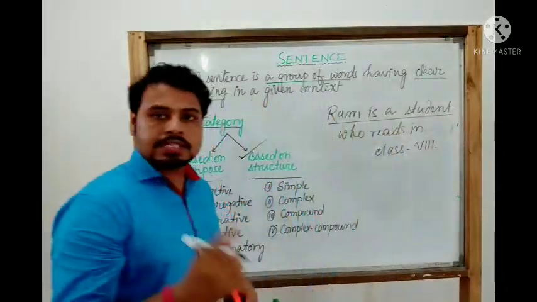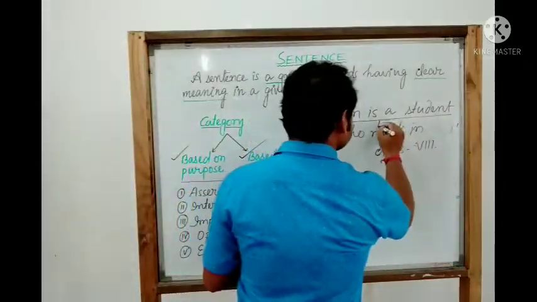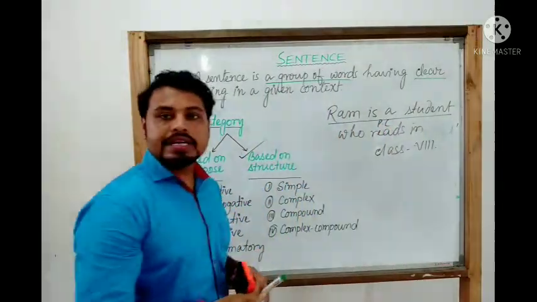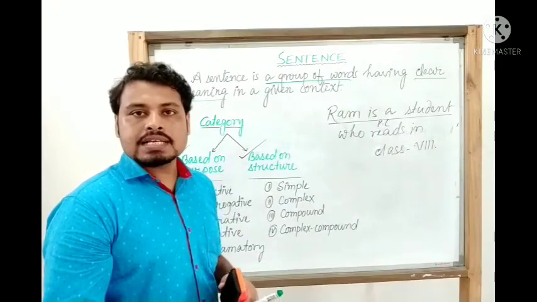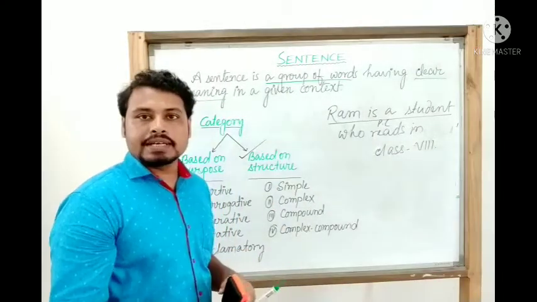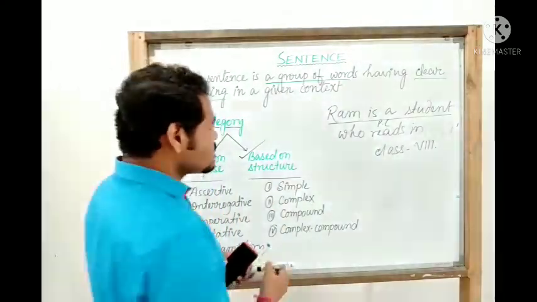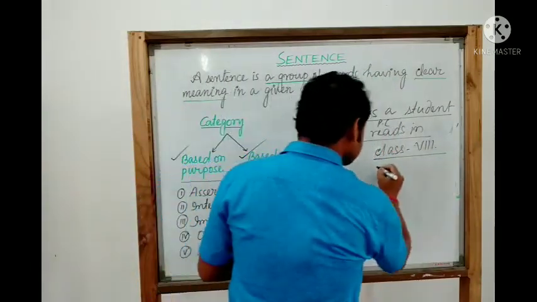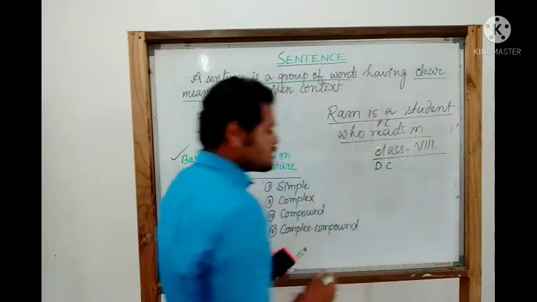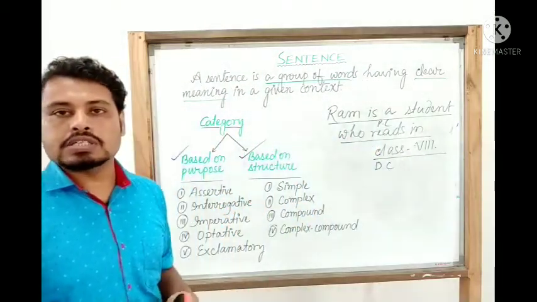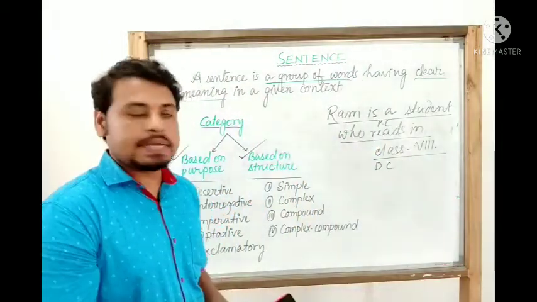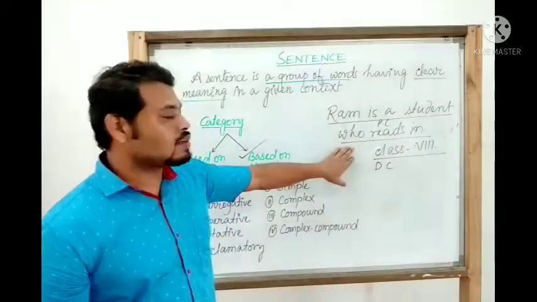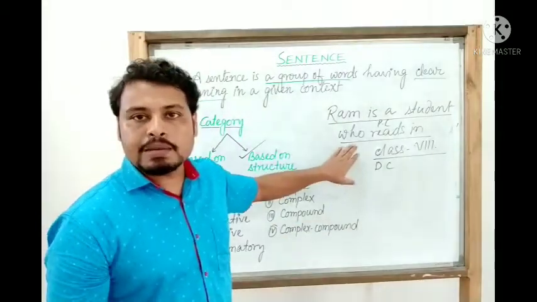This one is a principal clause or independent clause because it can express its own meaning. Next, who reads in class 8? That is a dependent clause or subordinate clause because this clause cannot express its meaning independently.